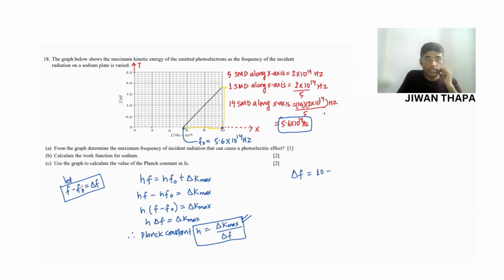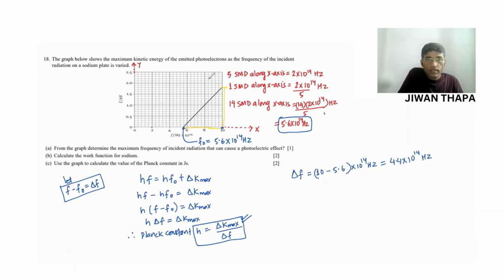So we know delta f is f minus f naught, which is 10 minus 5.6, into 10 to the power 14 hertz. So this gives me the value 4.4 into 10 to the power 14 hertz.